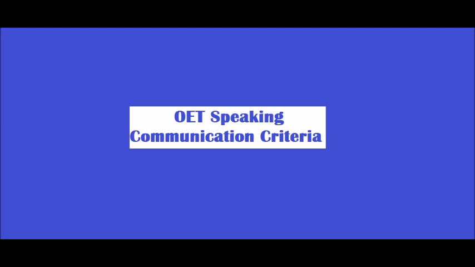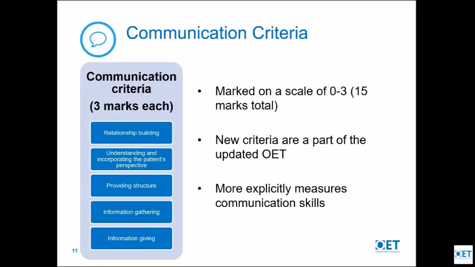In this video we are going to talk about OET speaking communication criteria. So if you remember, it was linguistic and communication criteria, now communication criteria. As you can see, there are 5 criteria in the communication criteria, and each of them is marked on a scale of 0 to 3, and that is 5 marks in total.